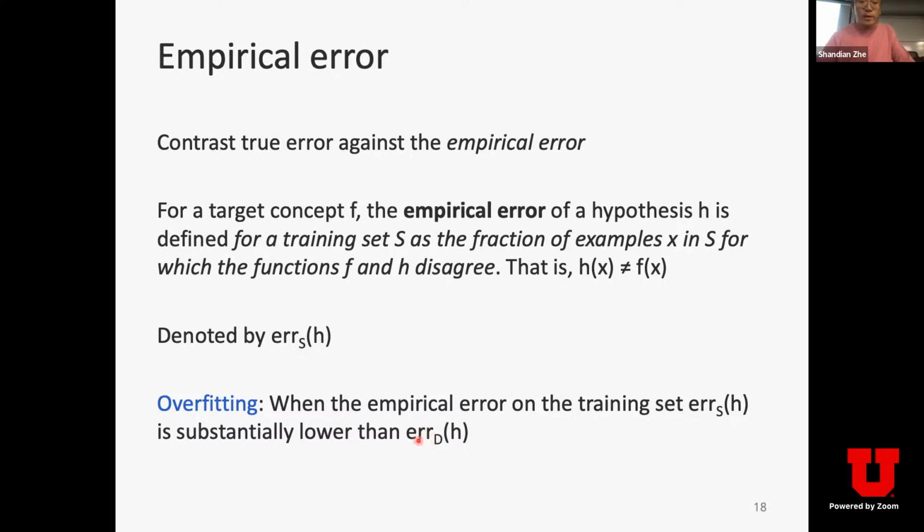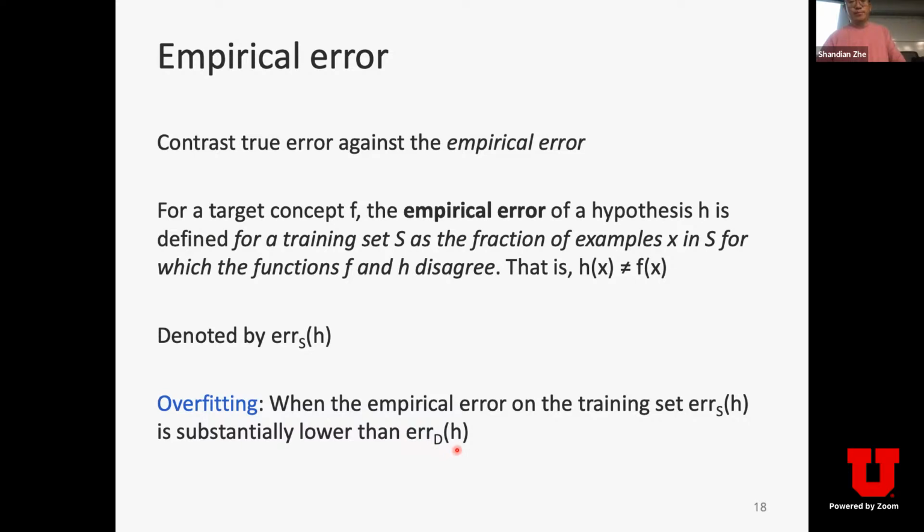Now I want to test everyone's basic understanding about probability of random variables. Is error_D(H) a constant or a random variable?